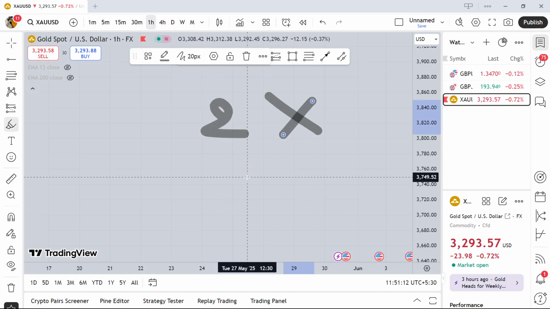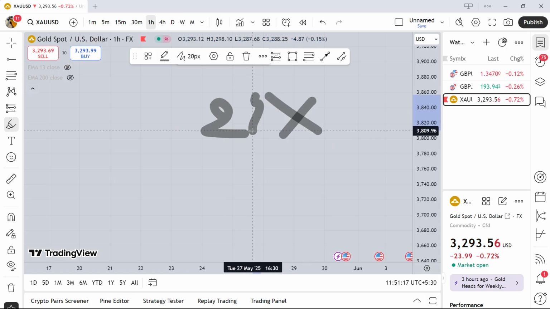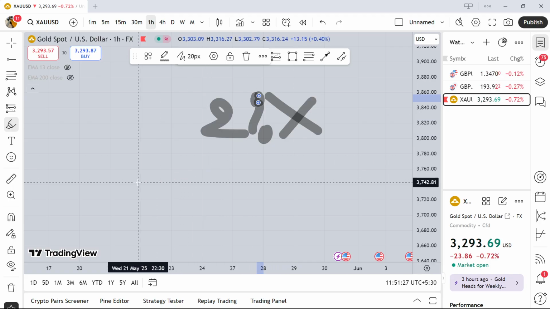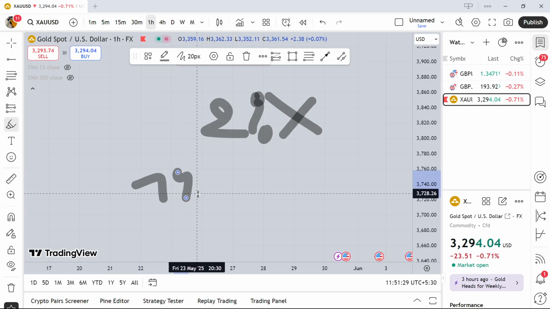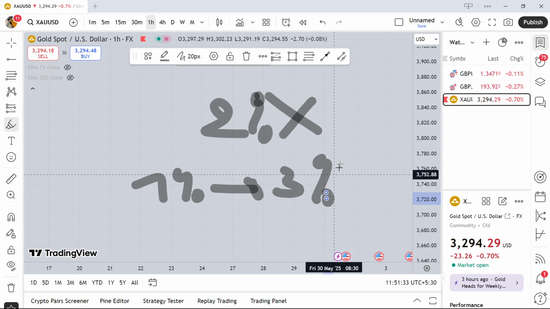You get my point? Let me say we lost 2% of the account. That's 2 trades, risking 1% per trade. And remember, on one trade we are risking 1% to target how much? To target 3%. You get my point?